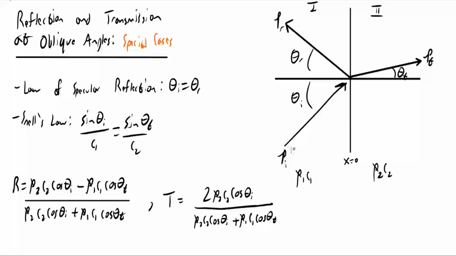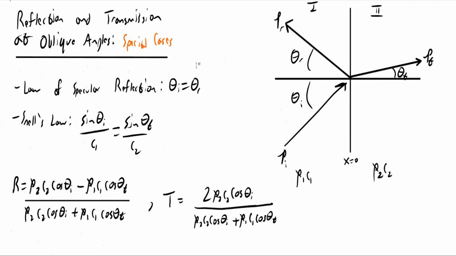So the first one is known as perfect transmission. If the incident wave is fully transmitted into the second medium, we call that perfect transmission.